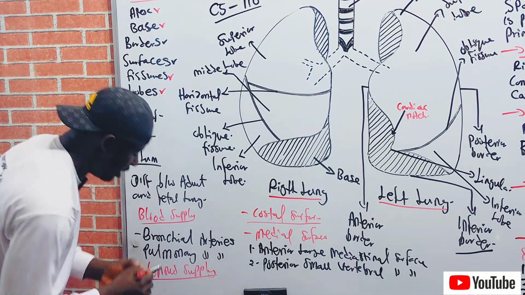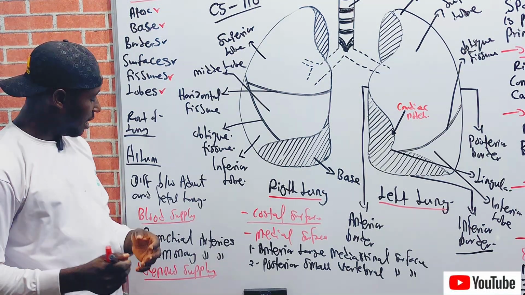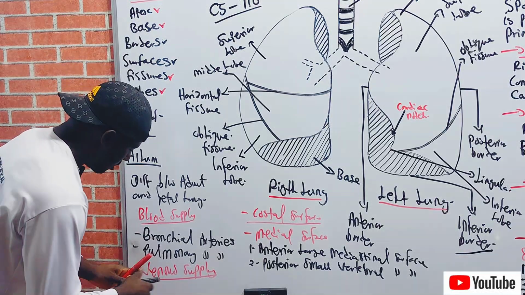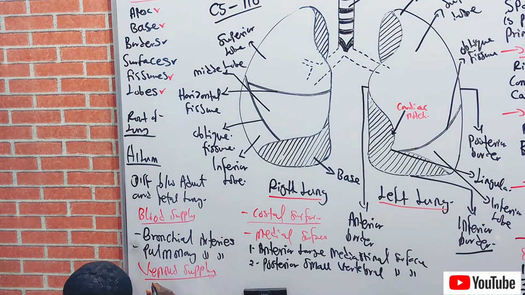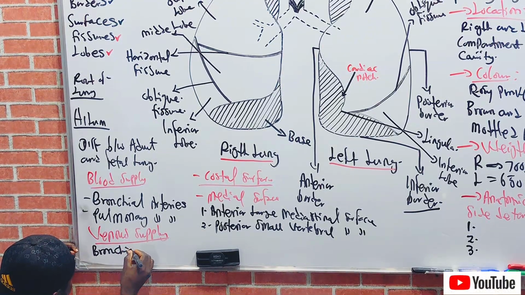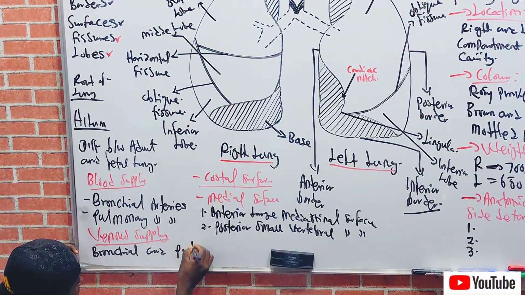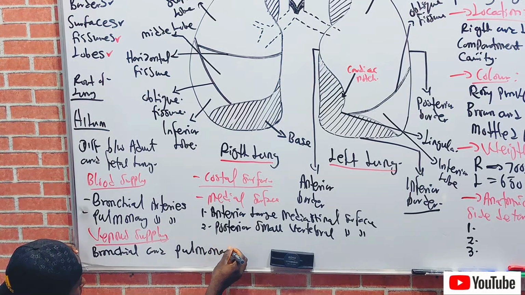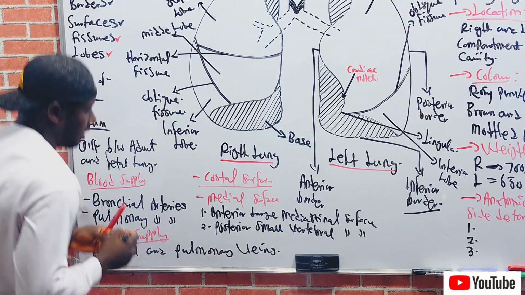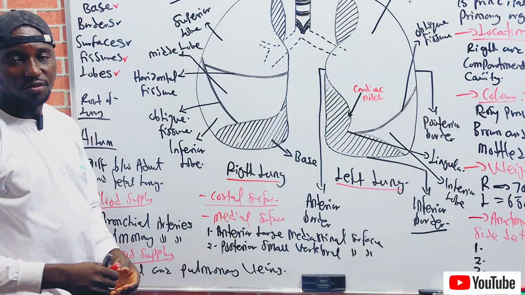The lungs is being drained by two principal veins, the bronchial veins and the pulmonary veins. So those are the venous drainages of them.